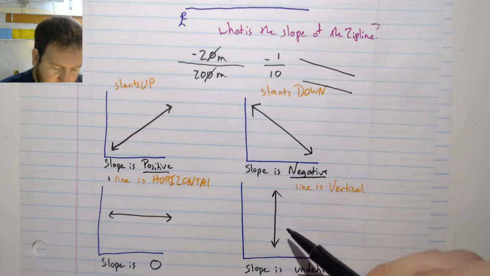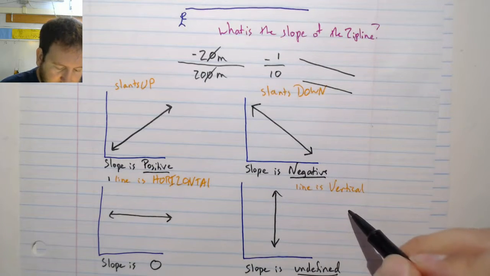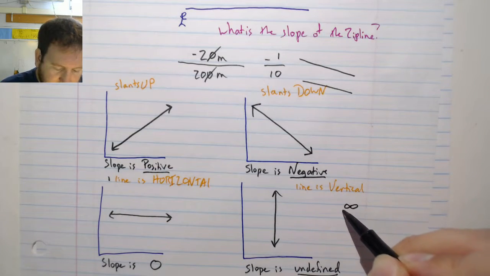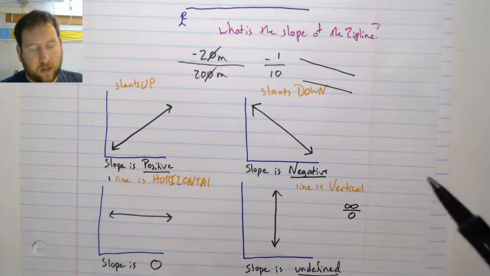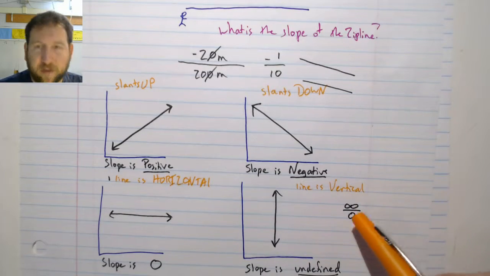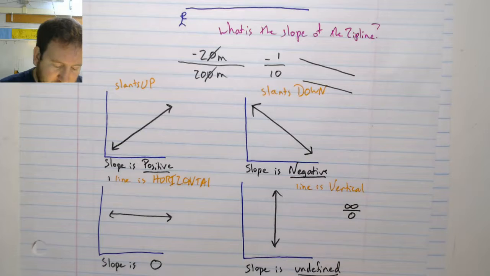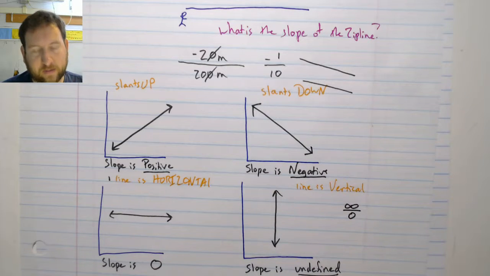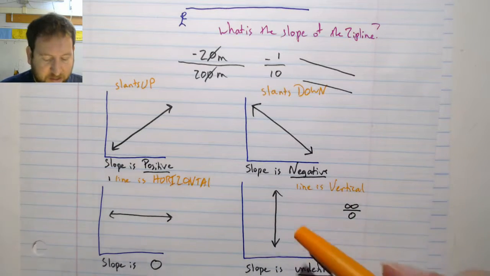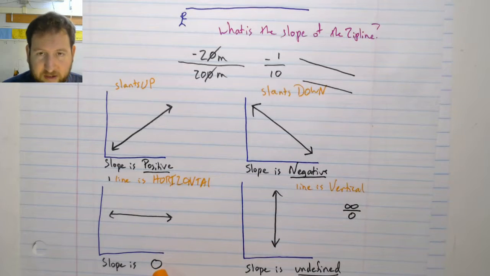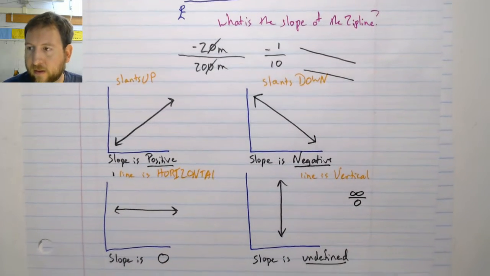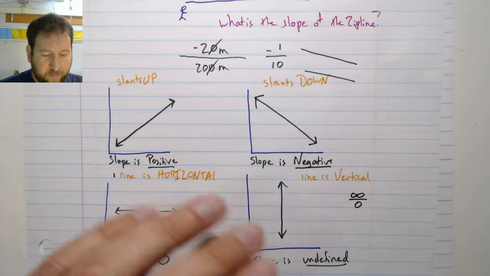So my slope would be, or my rise would be, infinity divided by 0. And in this case, both of these don't make any sense. So our answer is undefined. So this line does not have a slope. So the opposite of the 0 in this case is infinity over 0.